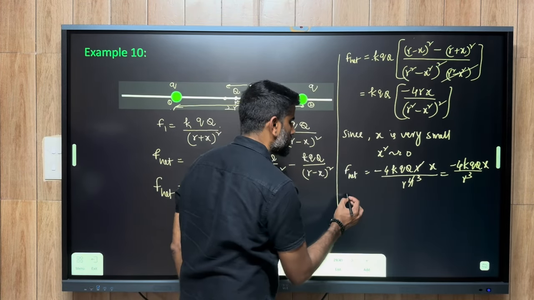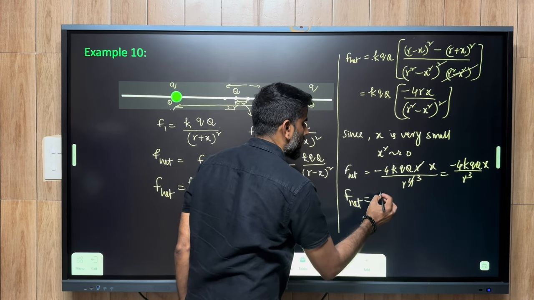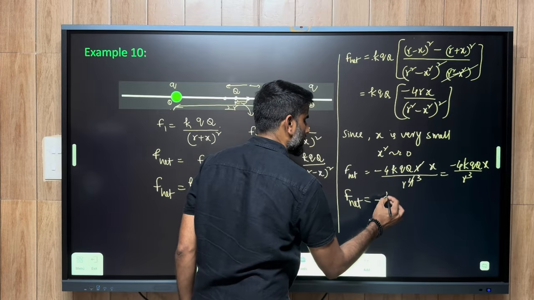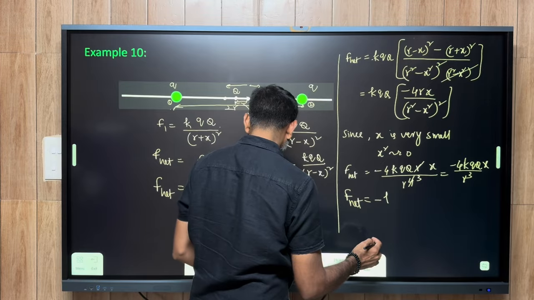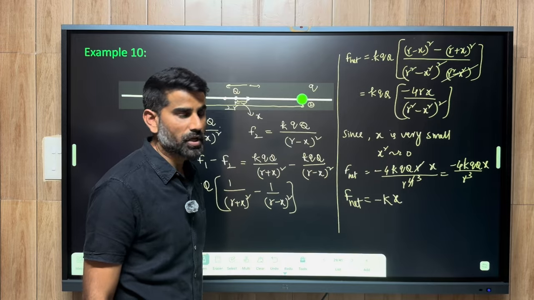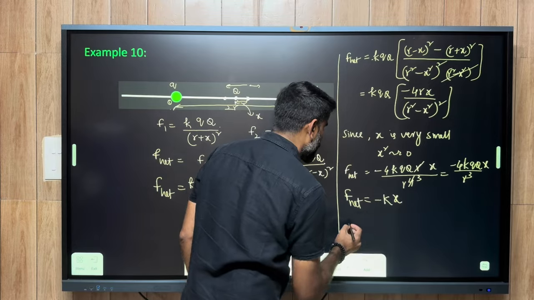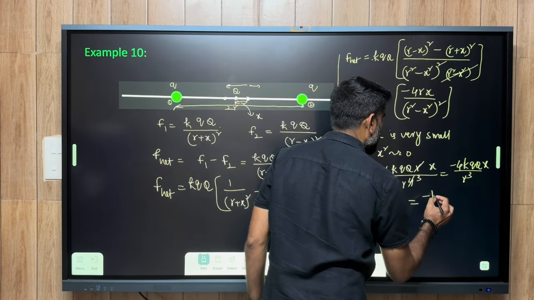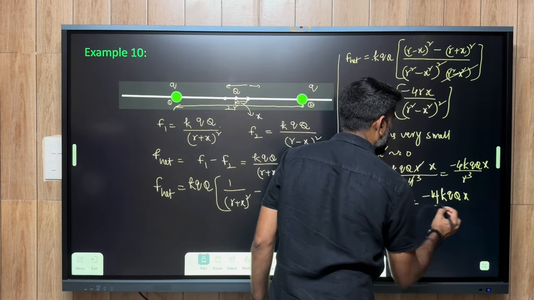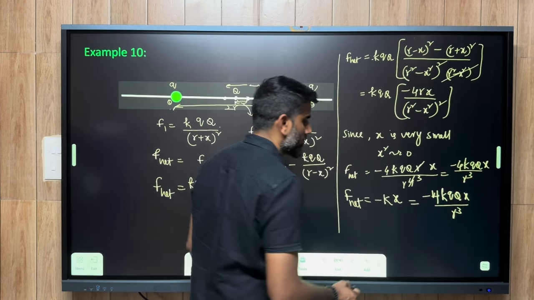Now we are going to use the harmonic equation: harmonic force F net is equal to minus kx. If I equate these two relations, minus kx is equal to minus 4K q Q x by r cube. Now this k and this K are different.